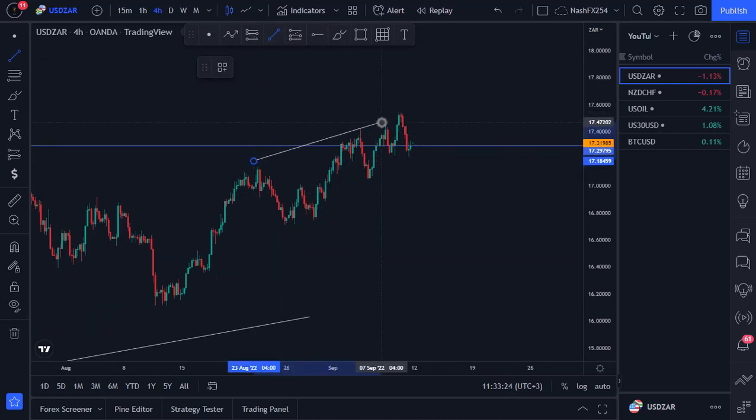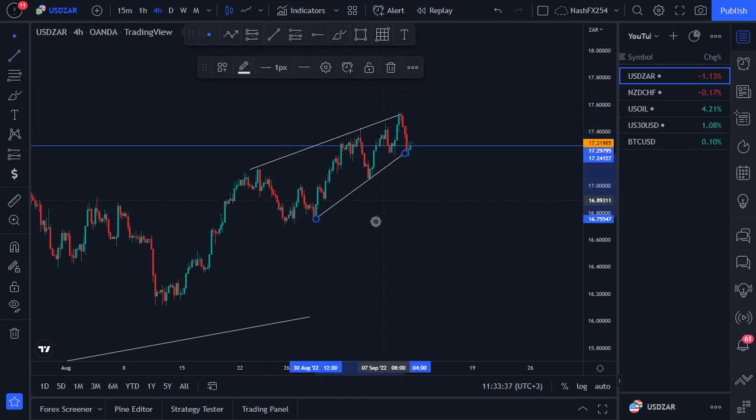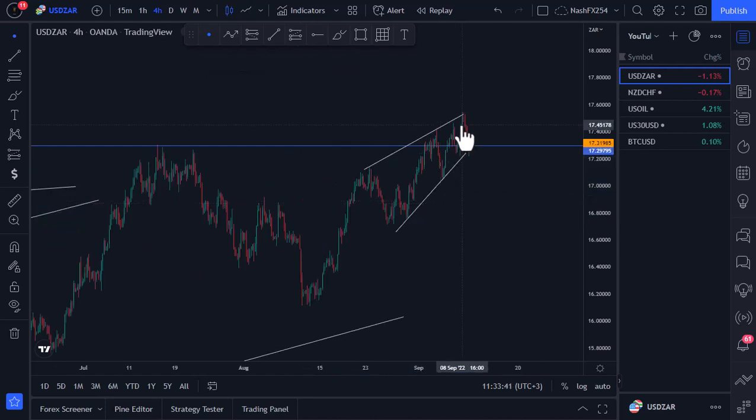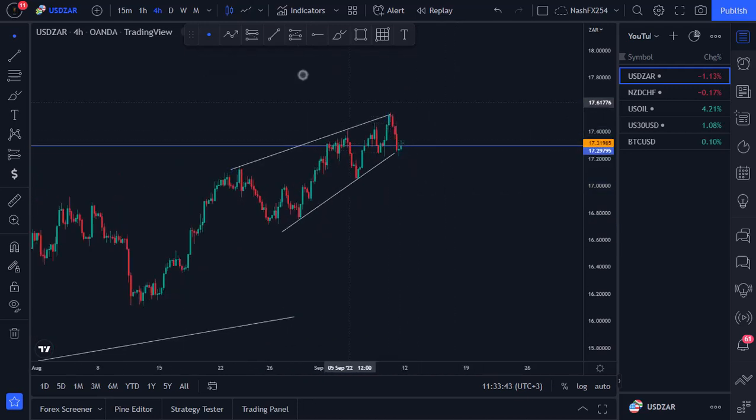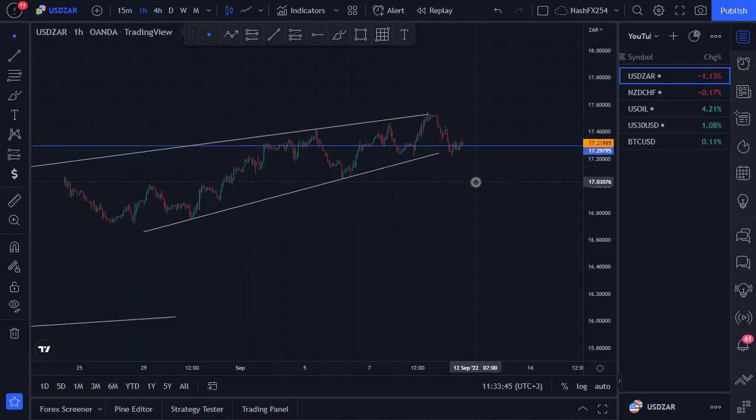So coming up with our 3 touch pattern, we had this one over here. After that third touch, you can see the price has pushed to the downside nicely. As you can see, we have the first push already happened, so what we need to wait for is the correction.